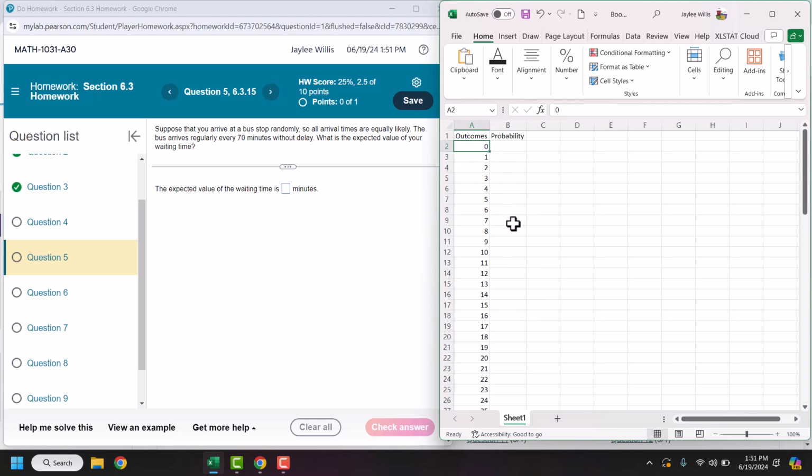And the next thing I need to do is calculate the probability of any one of these wait times happening. Since I'm arriving at the bus stop randomly, that means all arrival times are equally likely.